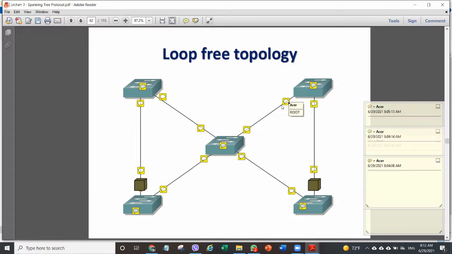Then whatever the ports in the active tree are labeled as designated ports.